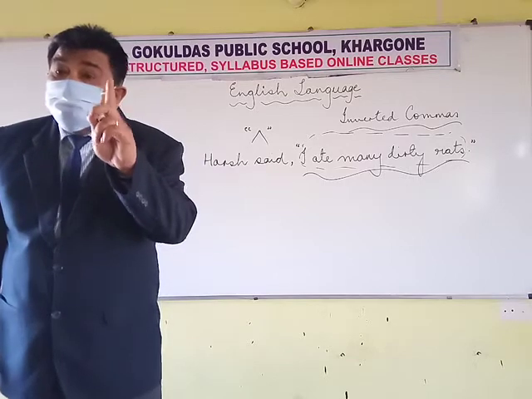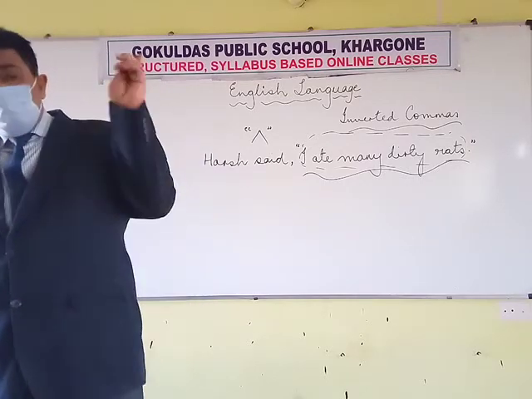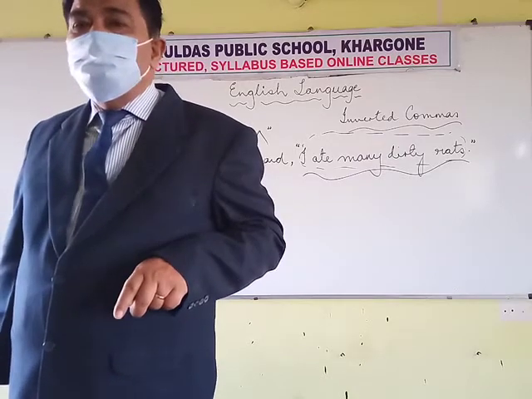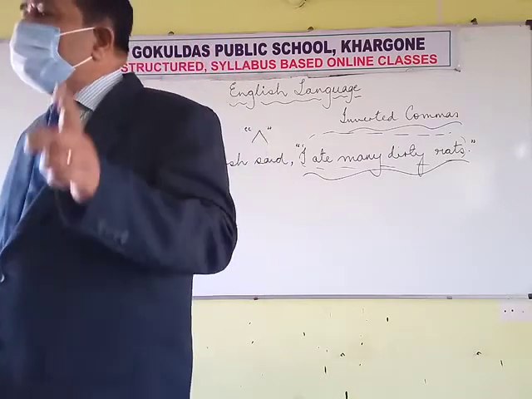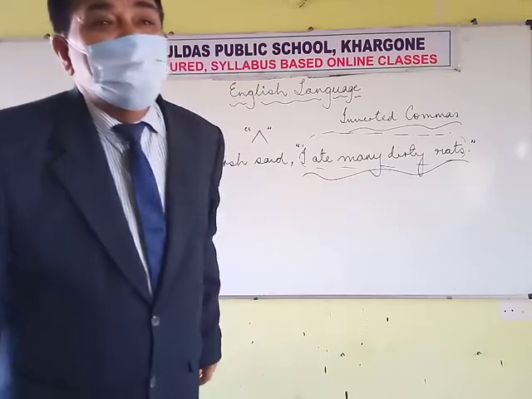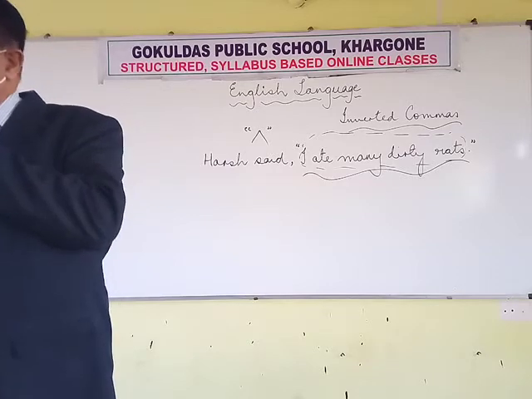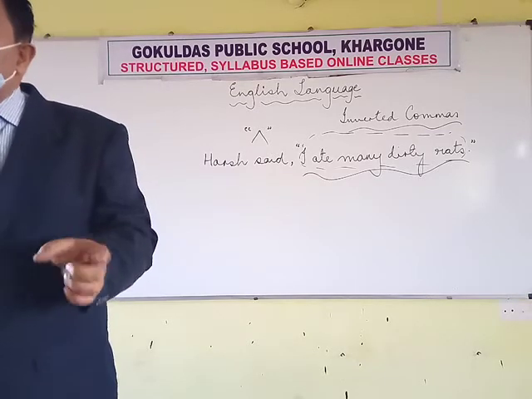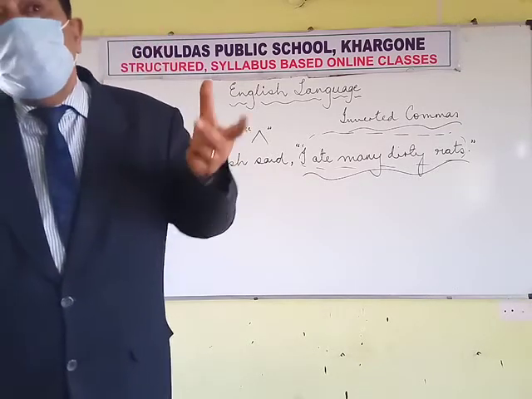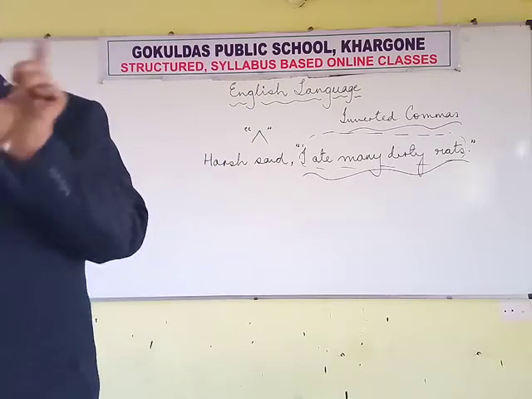But let me tell you something very important. When you write English, you never write in the direct speech. This is direct speech. Have you heard of direct speech? I will teach you that also. Direct speech includes those words which are said directly by the person. You do not change them.